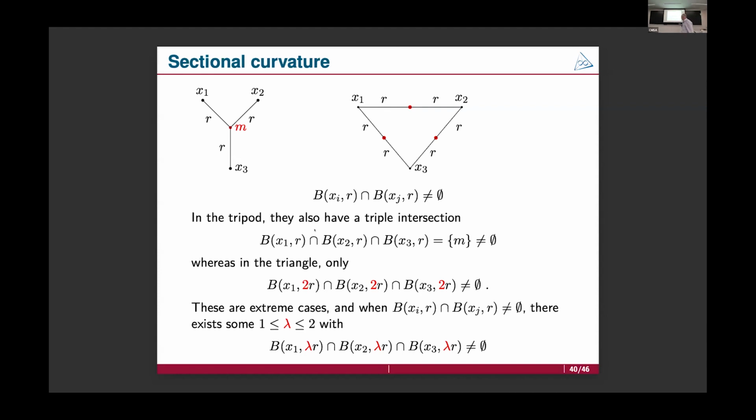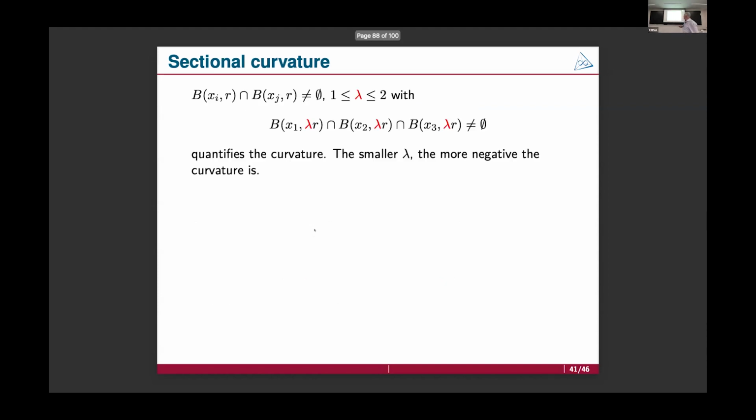And so we say that the curvature is the more negative, the smaller lambda is. The precise formulation is a little more complicated, but that is the idea.